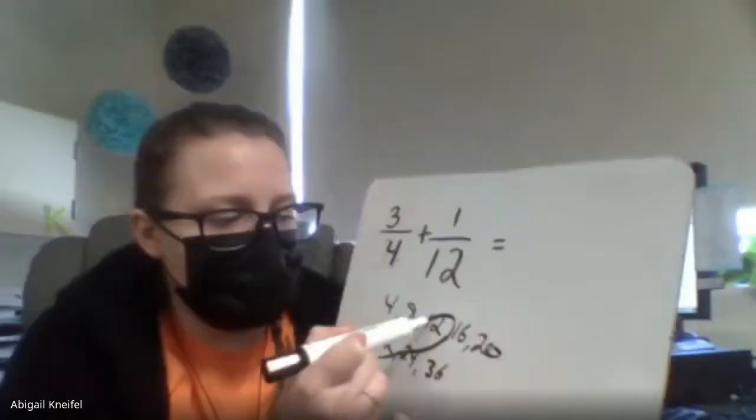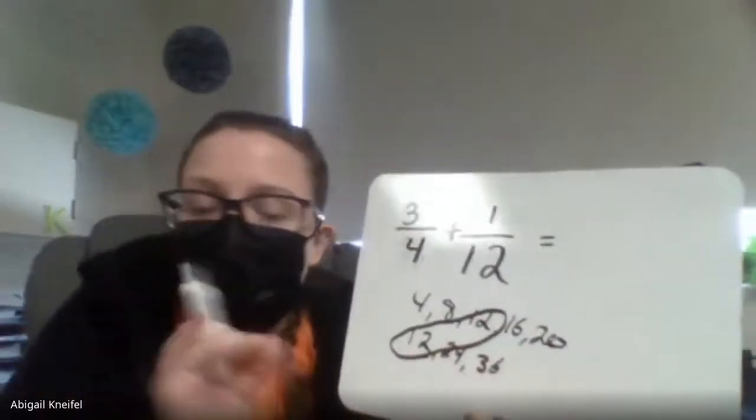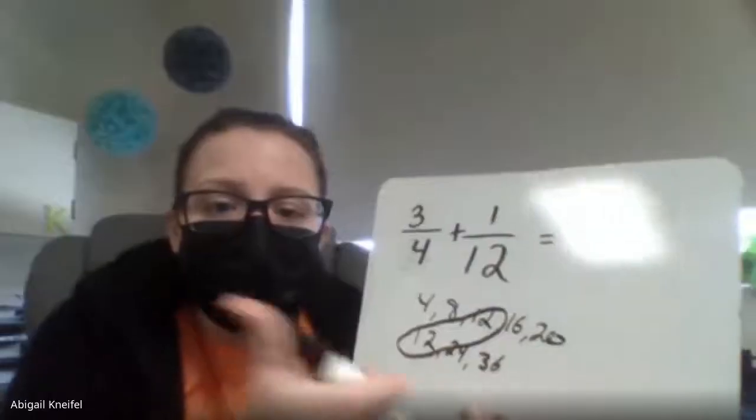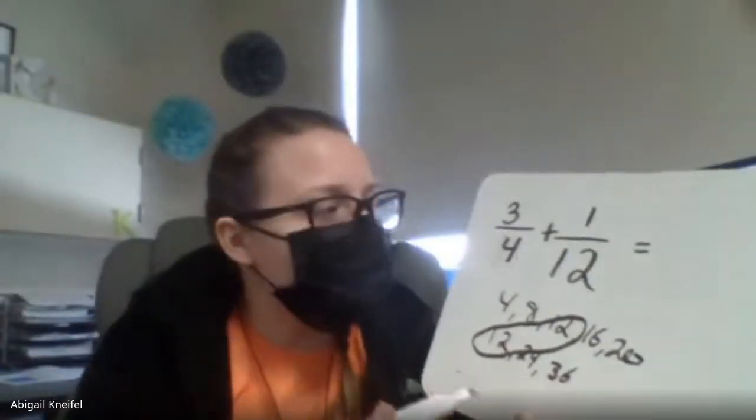And then you have to count by 12, 24, 36. And then the first number that they share is 12. All right, I'm going to stop you right there. Thank you very much. So what Angelina just walked us through was finding the least common denominator. Thank you, Angelina.